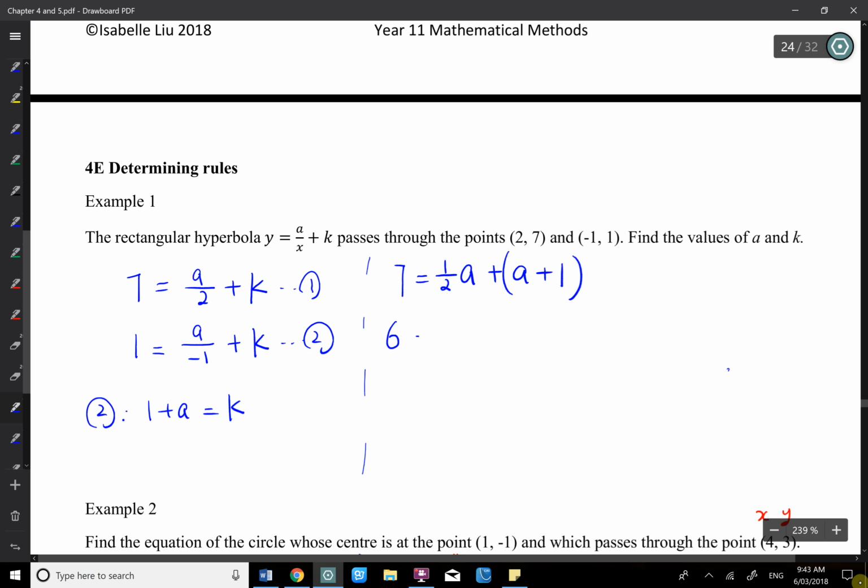So 6 equals half a plus 1a, that's 3 over 2 a. And a equals 6 divided by 3 over 2, that's 6 times 2 over 3. And a gives you 4. Then k will give you 5.